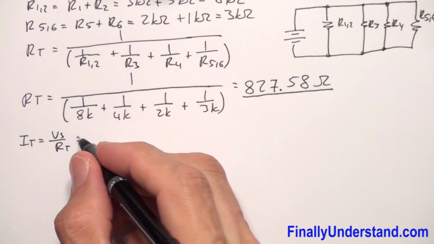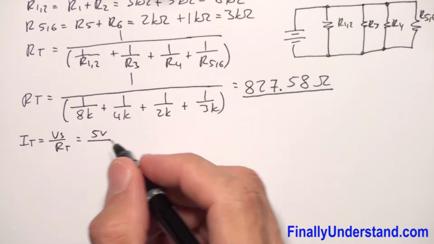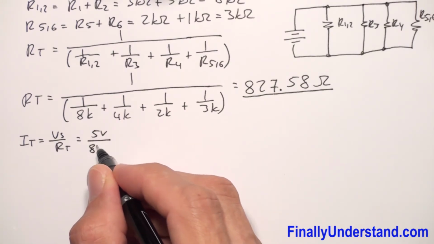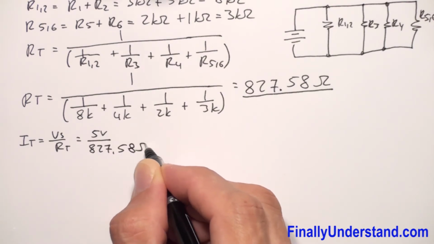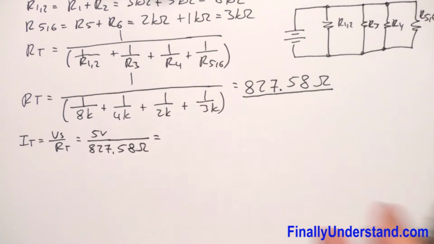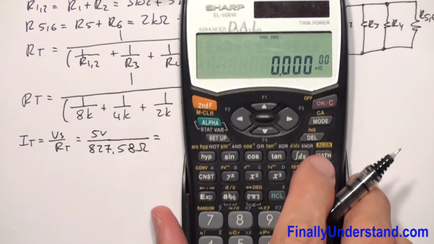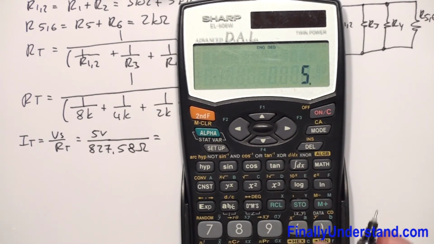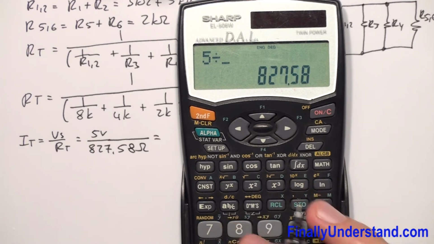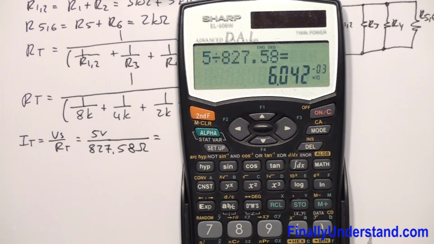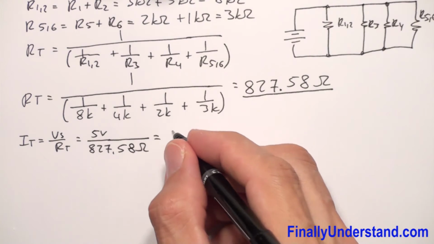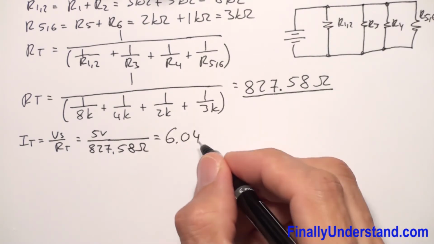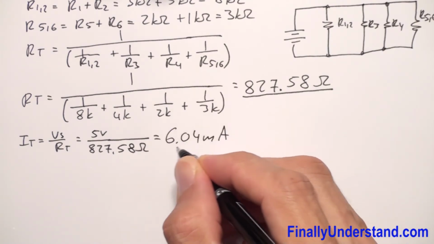Voltage source is equal 5 volts divided by R total, 827.58 ohms. So this is equal 5 divided by 827.58. This is equal 6.04 milliamps. This is my I total.